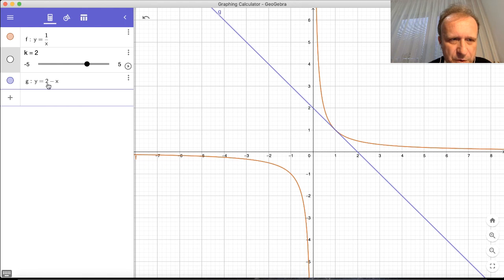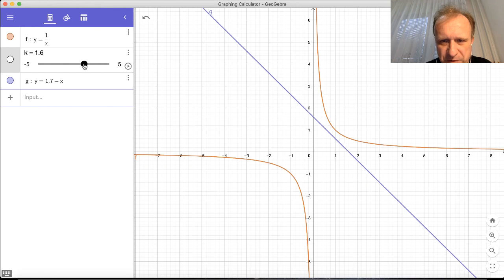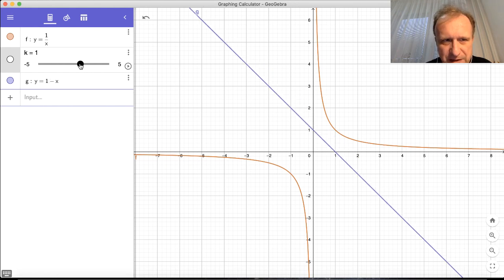So this number k actually represents the intersection of the graph of the linear function with the y-axis. So it's this point here, this intersection point. When I change the k, the point of intersection changes. For example, when k is 1, the vertical intersection point is just 1.